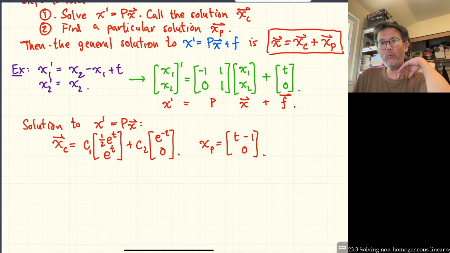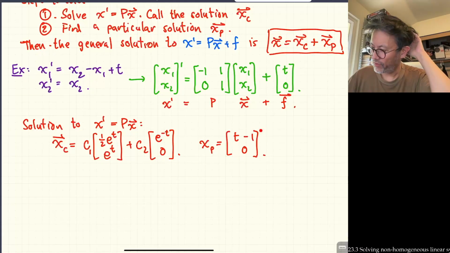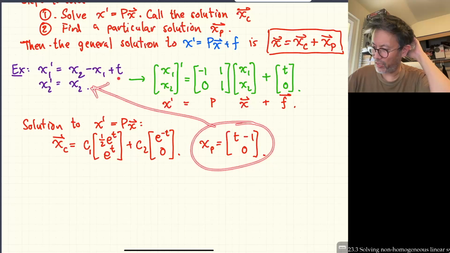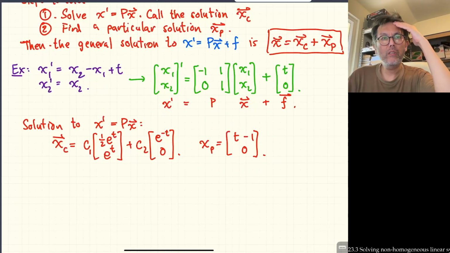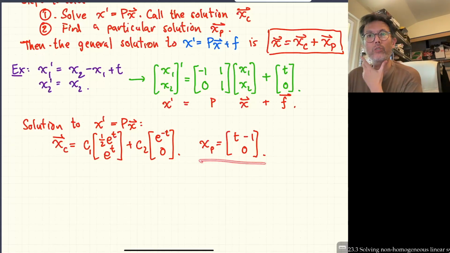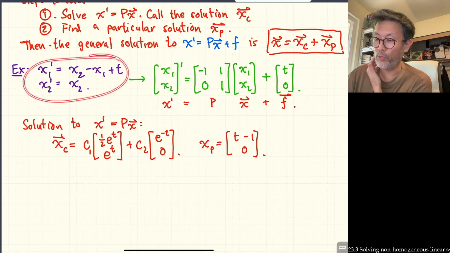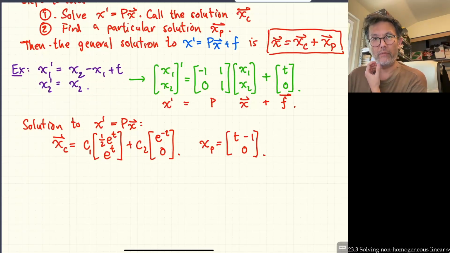Yeah, it totally works, huh? Do you see it? Plug this x sub p into this equation, or into this one, and you should see that it works. 0, 0. Yeah, totally. Cool. Okay, so this really is a particular solution to the non-homogeneous system.